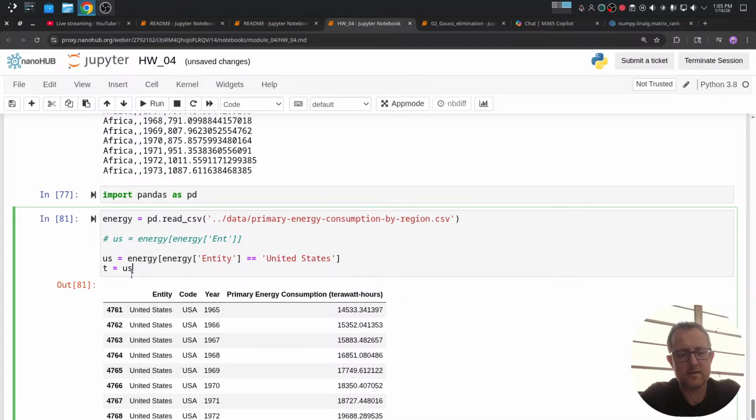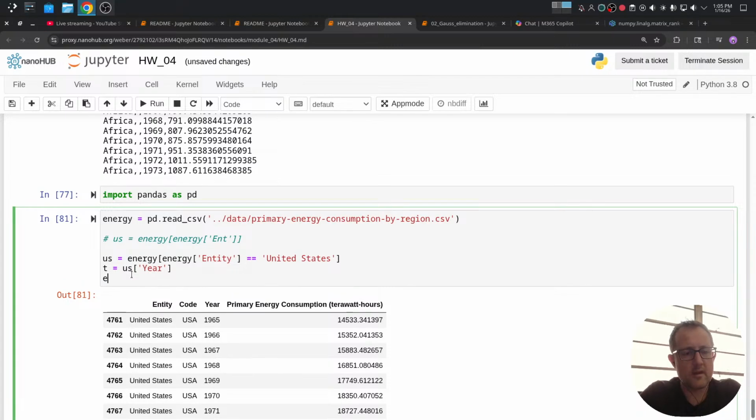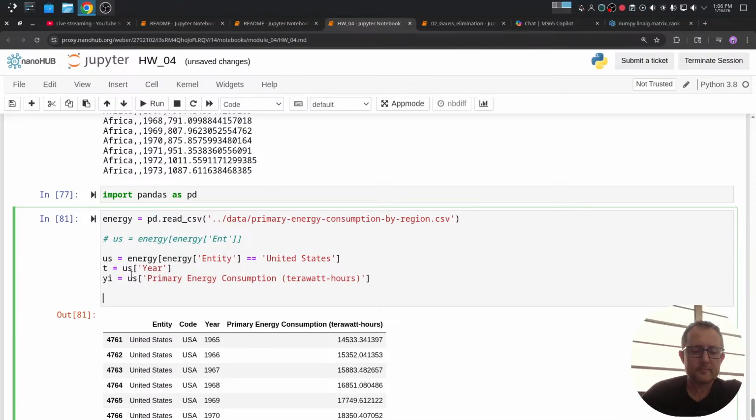We'll say T is US bracket year, and Y is US bracket primary energy consumption. Then let's start building out this Z matrix. I'm going to say there's a T to the 1, a T to the 0. I saw different ways of approaching this, and this is what I think is the easiest way to do this.